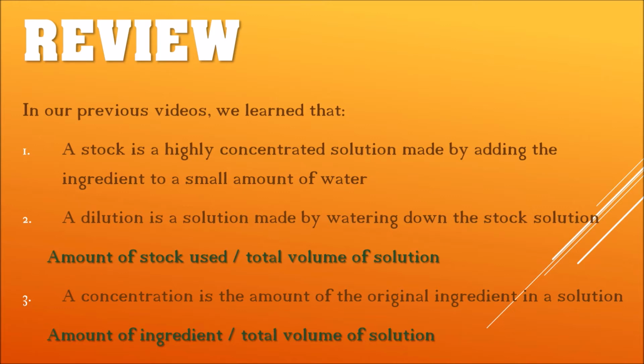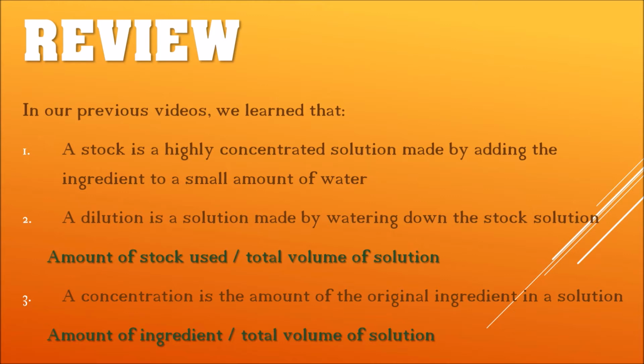We used the example of orange juice concentrate, the frozen orange juice in a can that you add more water to in order to get orange juice that you drink. That orange juice concentrate is a stock solution. It has mostly orange juice, but a little bit of water. Then you take that stock solution, put it in a pitcher, and add more water until you get the dilution, which is what we know as orange juice.